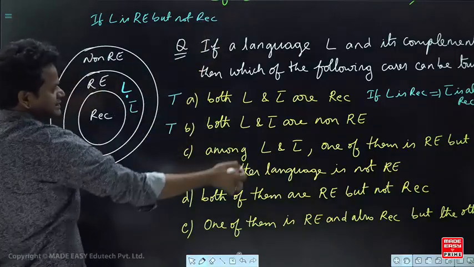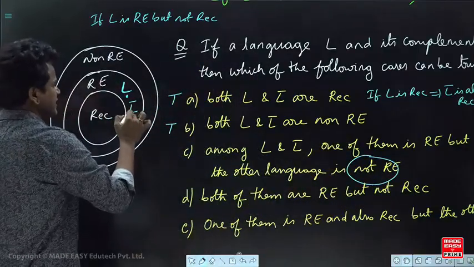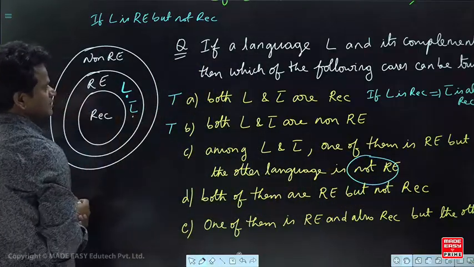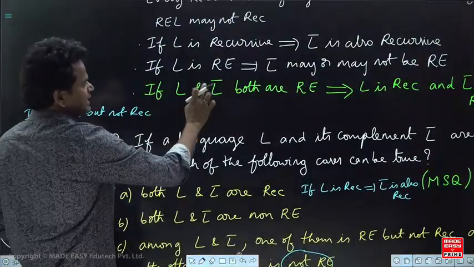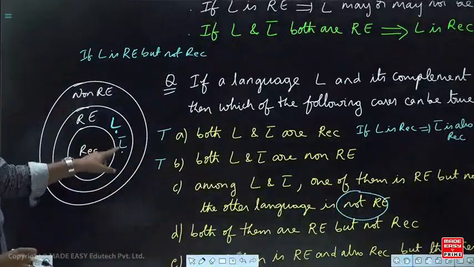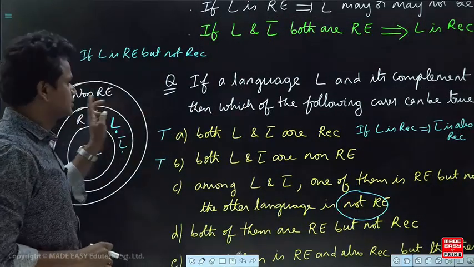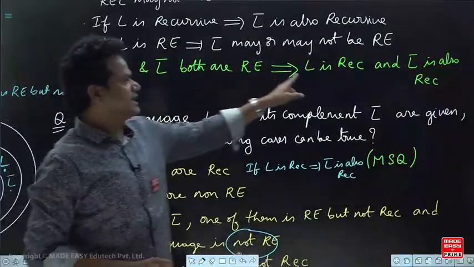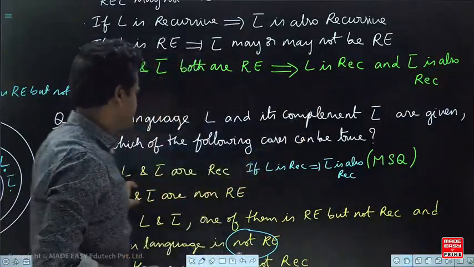Suppose he is saying that it is not RE, I say that it is also RE. Now I have told you, if L and L bar both are RE, then L is REC and L bar is also REC.